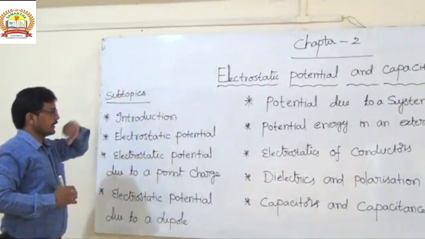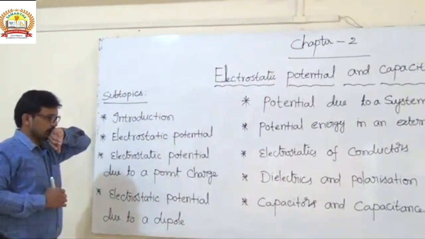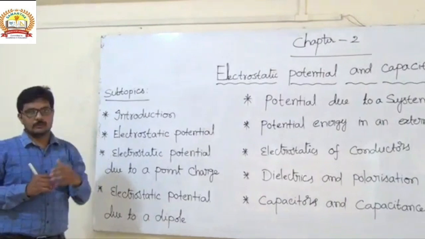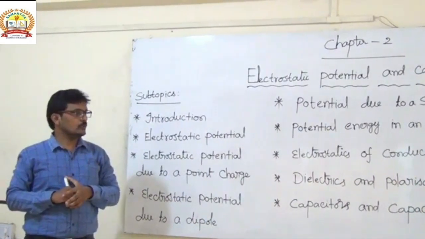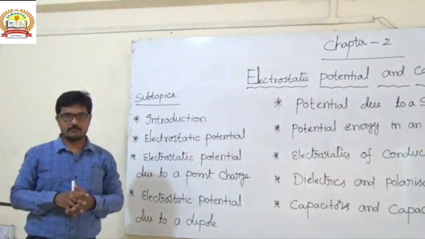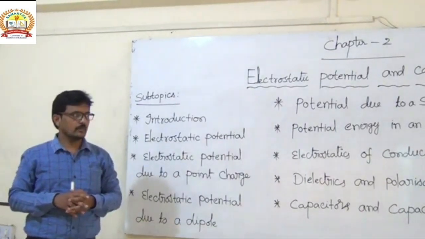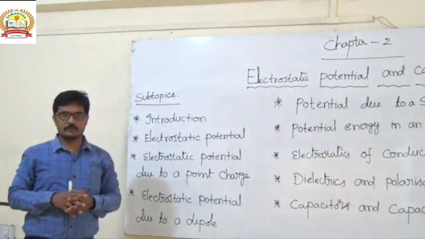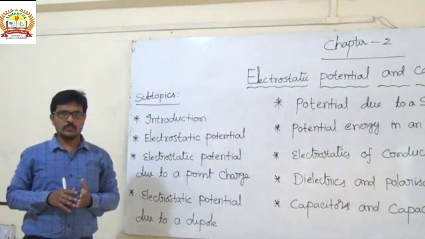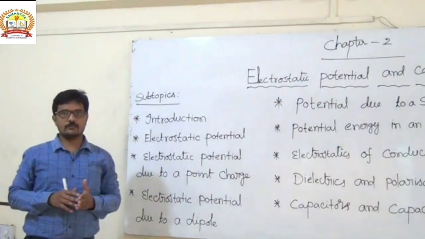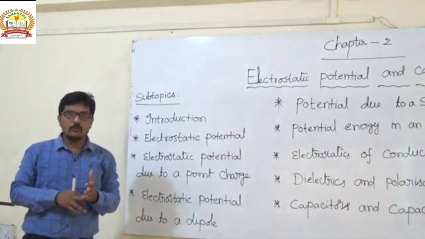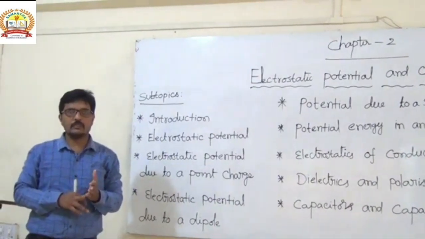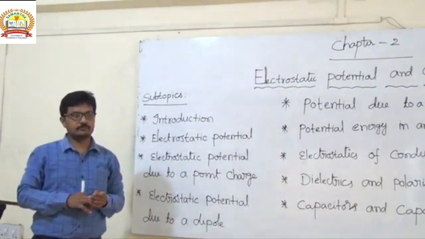Now in this topic we see that the Coulomb force between two stationary charges is also a conservative force. We know the examples of conservative forces are gravitational force and spring force, and now one more force we got, the Coulombic force.